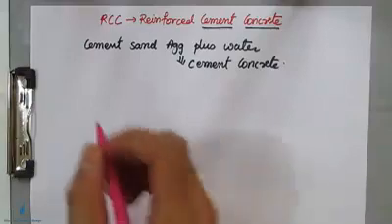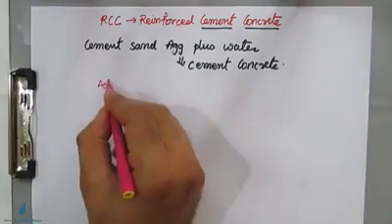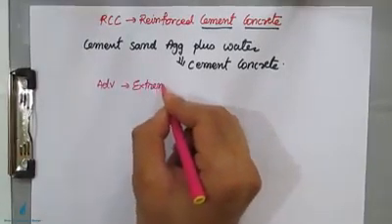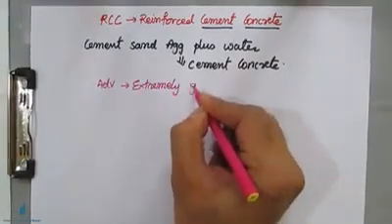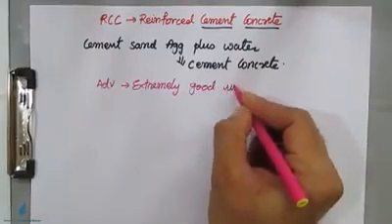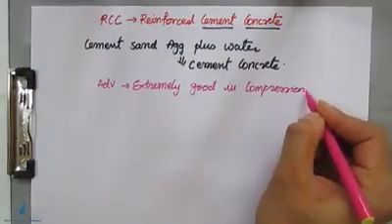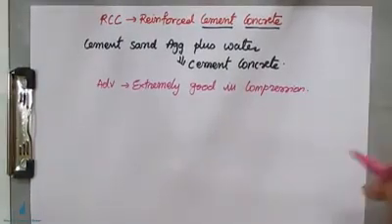So the biggest advantage, I will write down here, is that it is extremely good in compression, right? Extremely good in compression. You have seen this. For this we cast a cube of standard size and then we test it in the compression testing machine. If you want to watch the video of that particular CTM, I will share it in the description box.